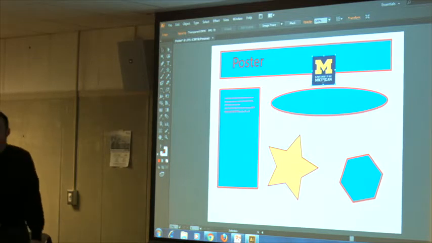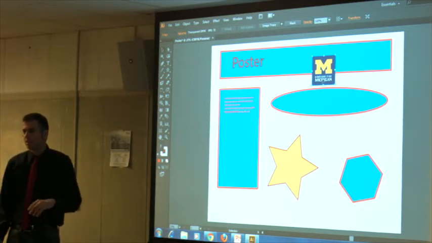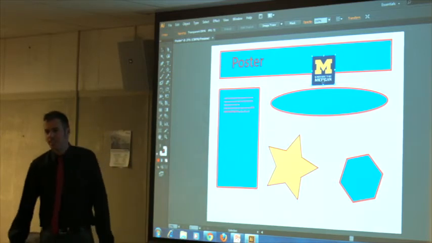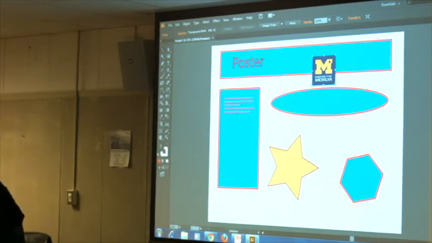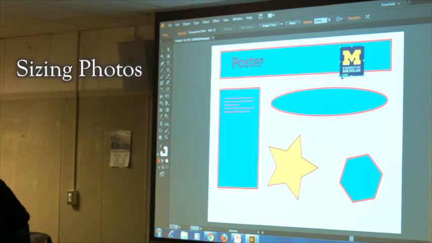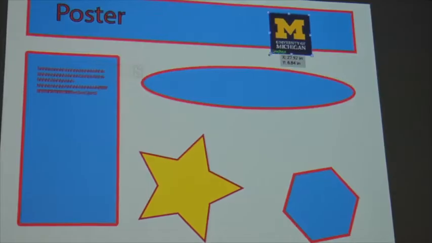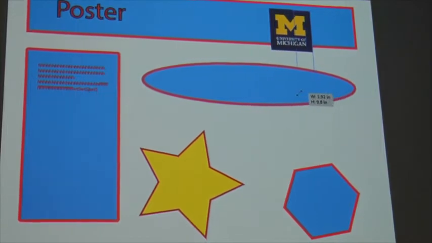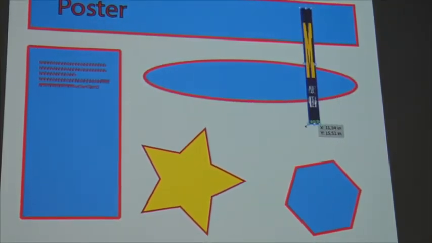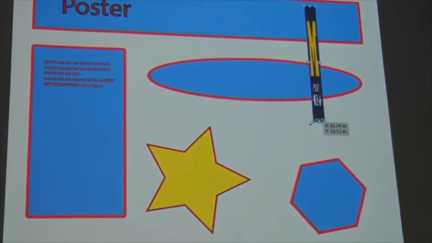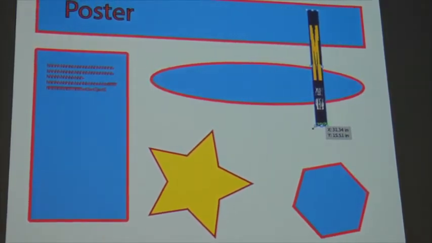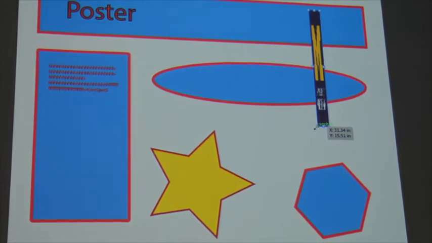And it comes in kind of big, so please nobody have the University of Michigan logo this big on your poster. We want to shrink it down. And if you click on the corner of it and drag it, you can resize it. However, you can also warp it. So if you did warp it on accident, you can just hit Control-Z, just like in any other program in Word or Excel.